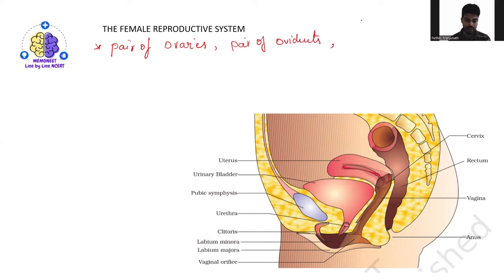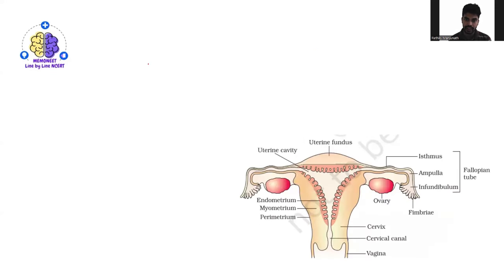Then you will also see the uterus, then the cervix, then the vagina. Like I'll just show here.